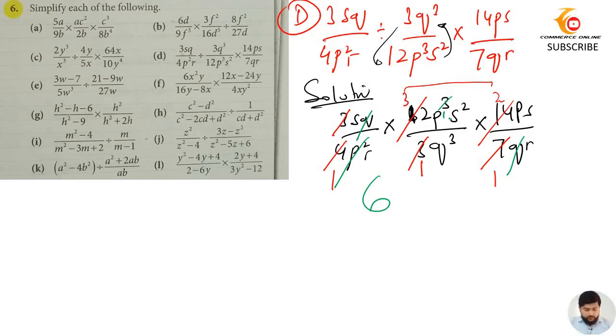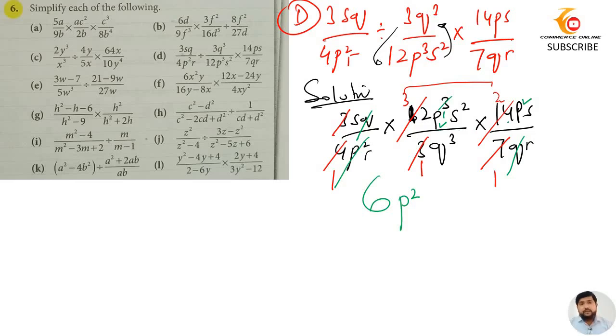So what we have remaining here, that is p1 here and p1 here, that will become p square. p1 here and p1 here, both are multiplying with each other.